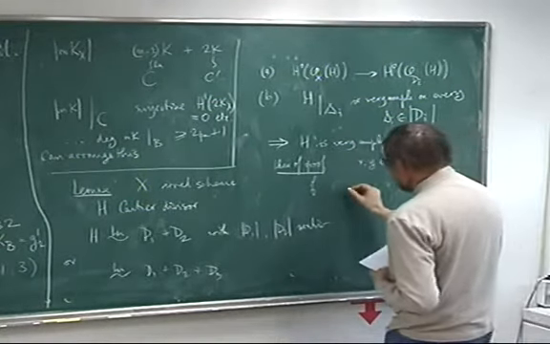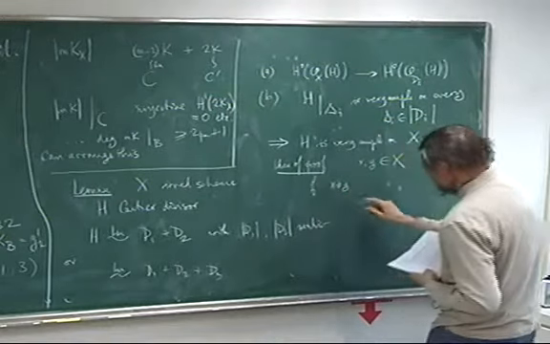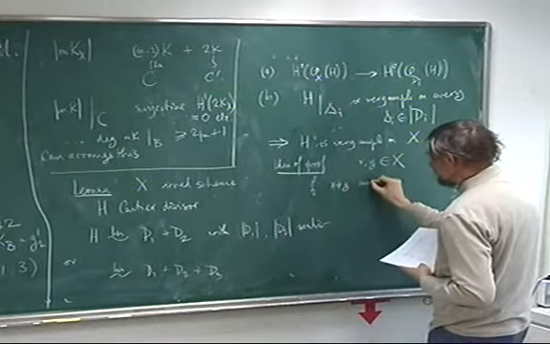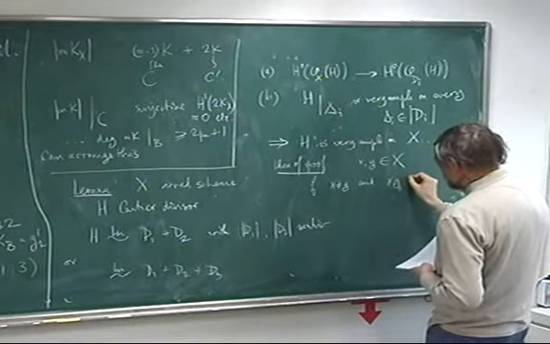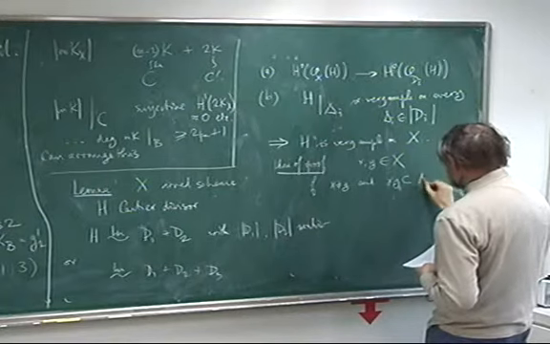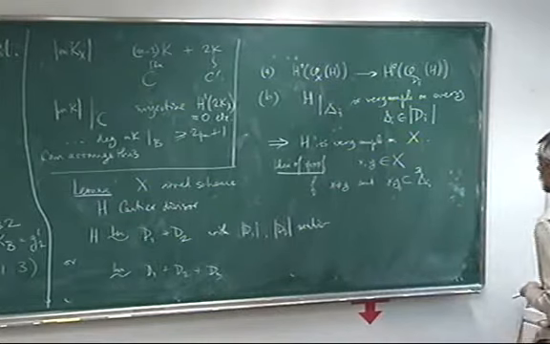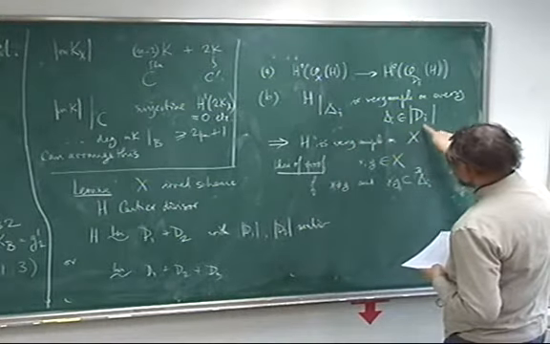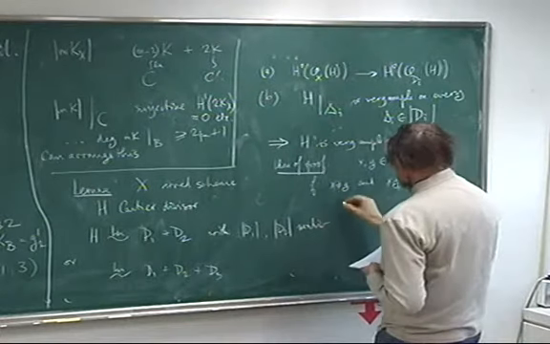If x is not equal to y, if they're distinct points and both x, y belong to delta i, then this one is going to be very ample.